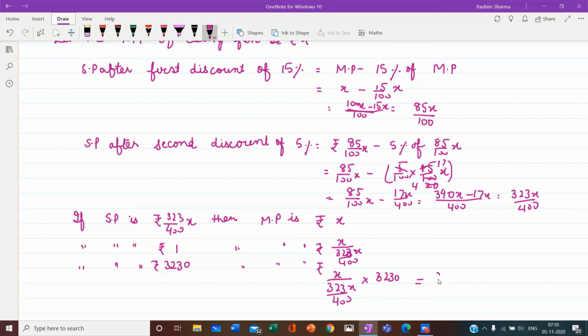Now we can reciprocate the denominator into 3230. X cancels with x, and here this comes as 10. So it means our mark price is rupees 4000. So this is our answer.